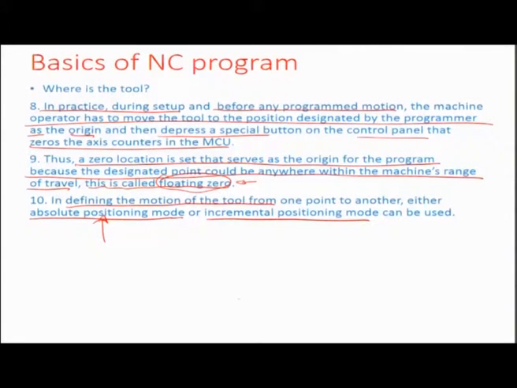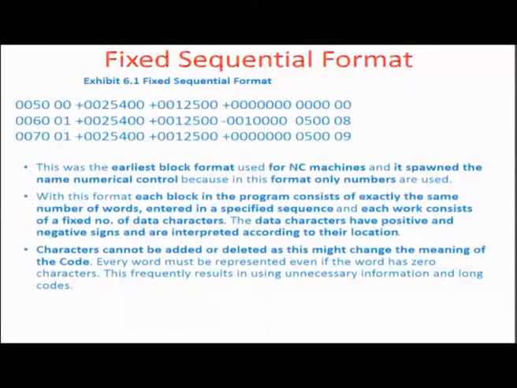So, when we look back in history, we find that there are three different formats which have by and large emerged for giving a set of commands to the machines. One of them is called the fixed sequential format, which is given in this exhibit right here. You can see a set of numerical values here, which talks about this format.